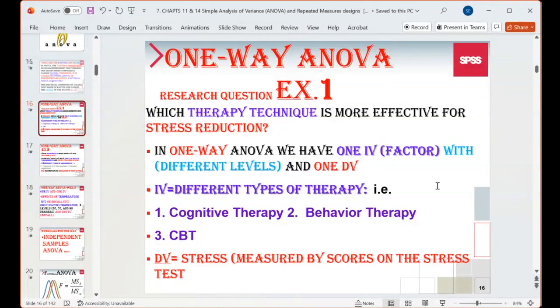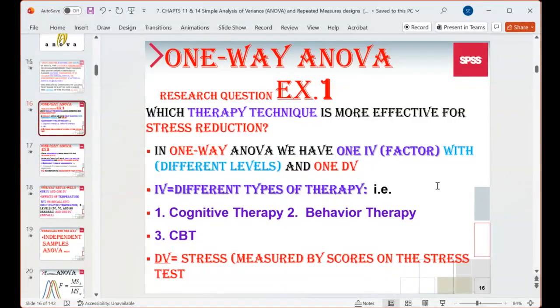DV is the stress, is the variable that we measure by giving participants the stress test. But IV is not just therapy technique. It's not just therapy. If it was just the effect of therapy on stress, you get one IV, one DV. That's t-test.